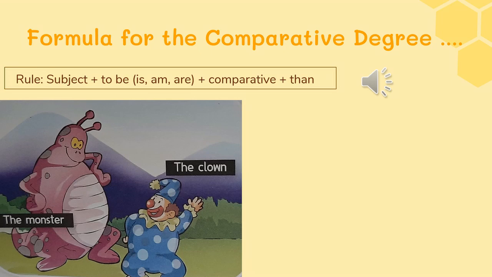So the formula is the rule to make a comparative degree sentence. Subject plus to be is, am, are plus comparative plus than. Example, the monster is bigger than the clown.